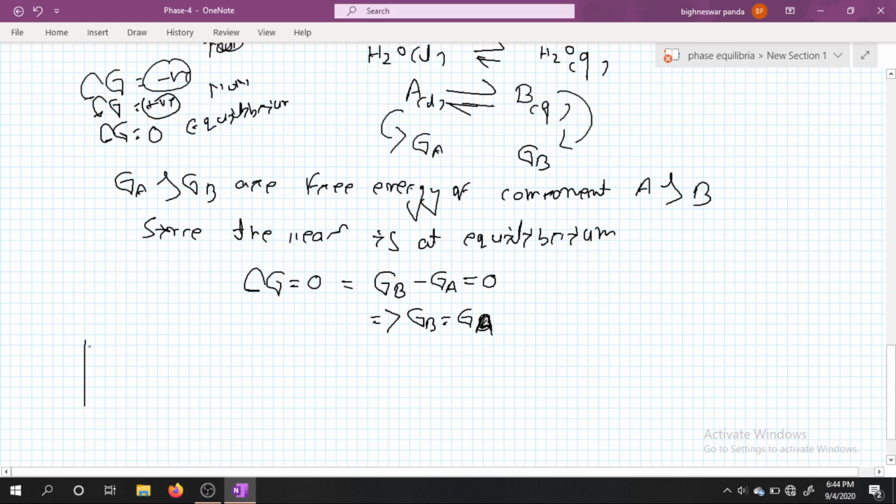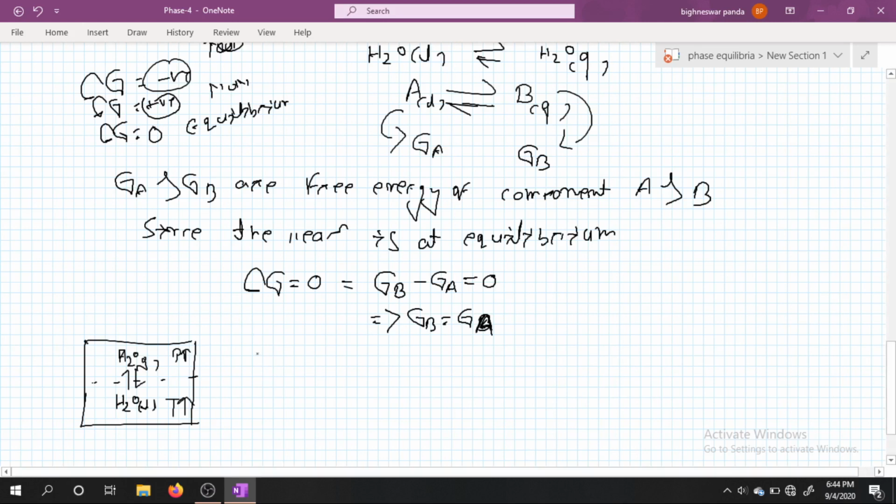So consider this system: water liquid and water gas, both in equilibrium. If I increase the temperature, the pressure also increases.